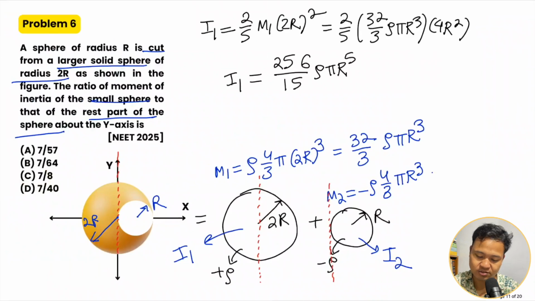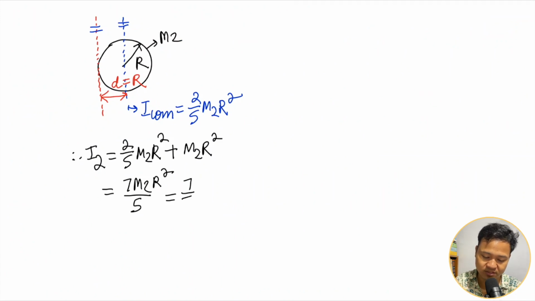The M2 value is rho into 4 by 3 pi r cube minus, so it is multiplied by r square.